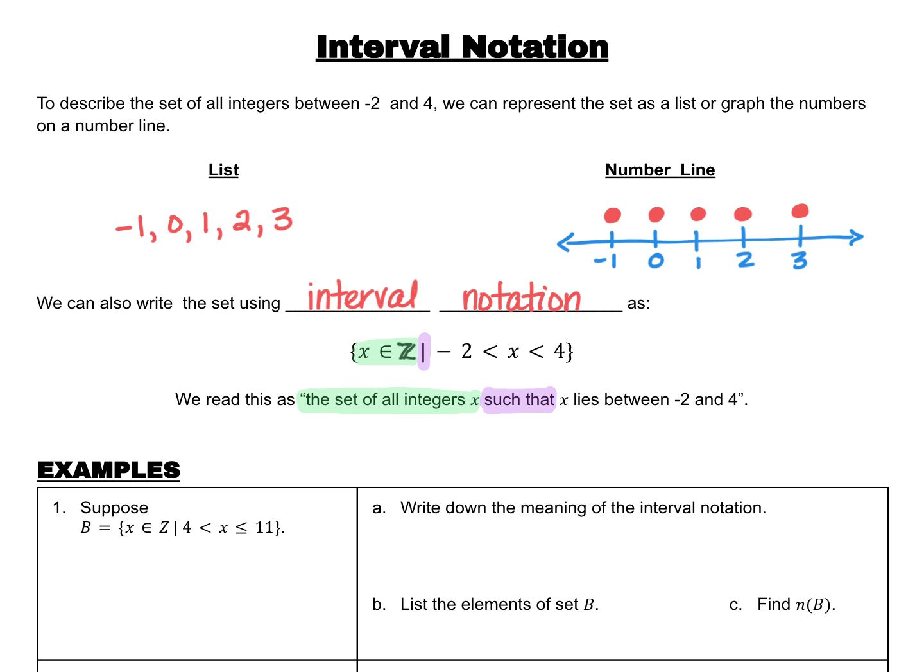Then this last part is stating that X needs to be in between -2 and 4, and they are not included on the boundaries. So it can't be equal to -2 or 4, because you don't see the equal sign under the inequality.